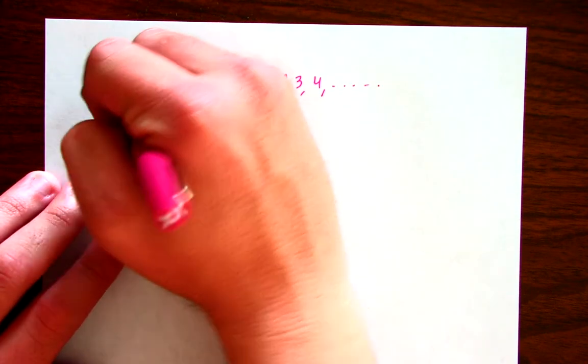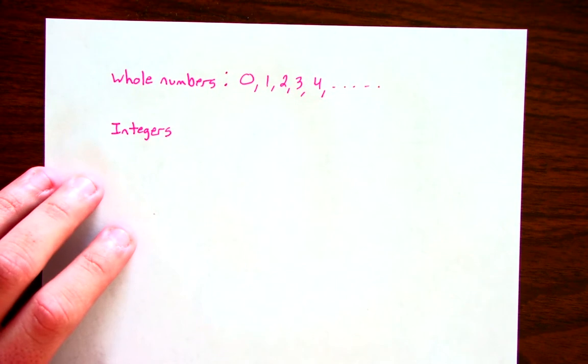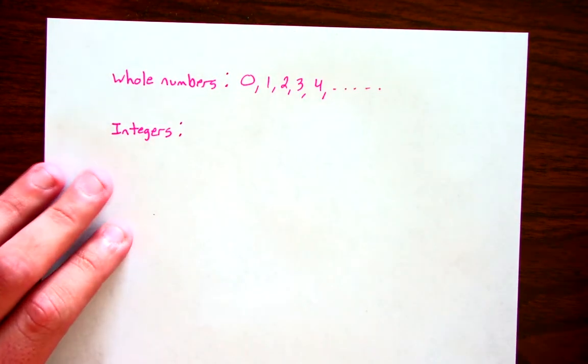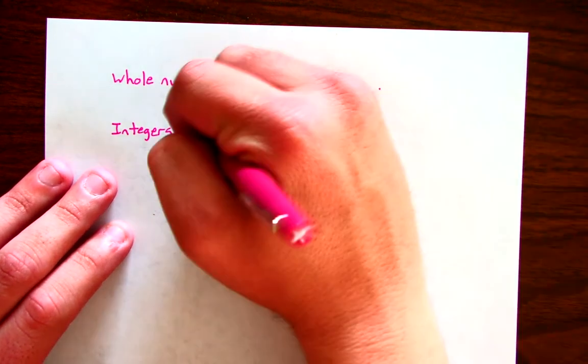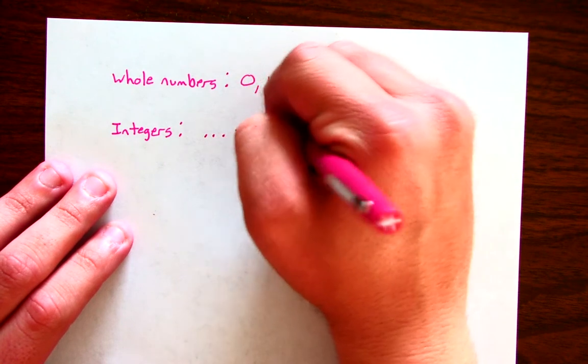The next thing we talked about were integers. Integers are whole numbers and their opposites. So, an integer is a positive and negative whole number. So we can have negative 3, negative 2, negative 1.